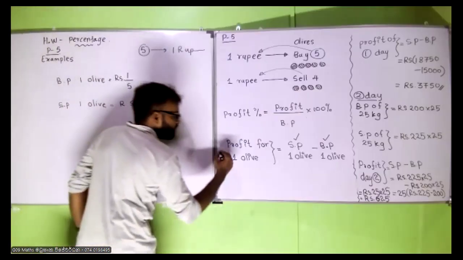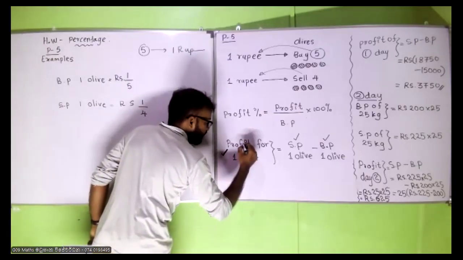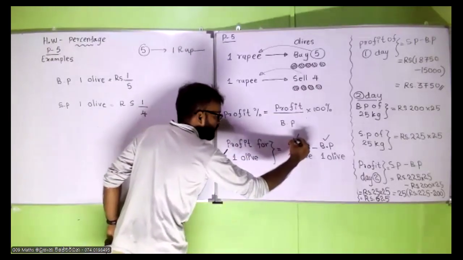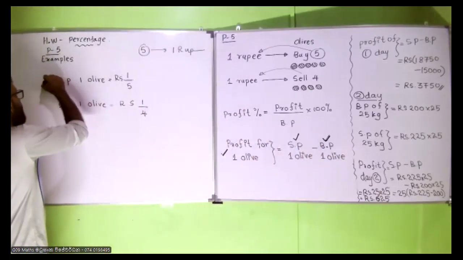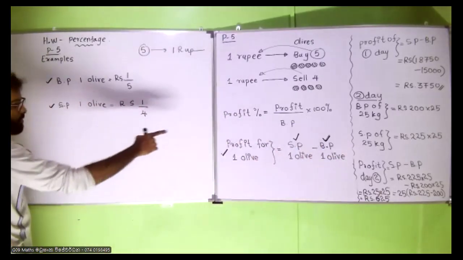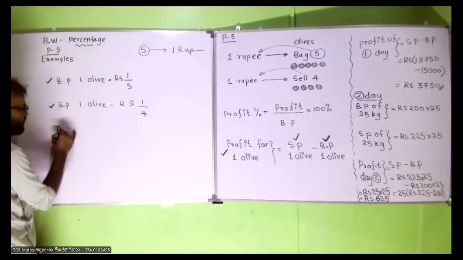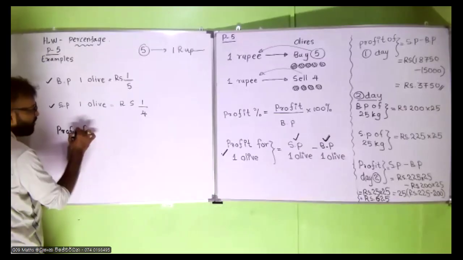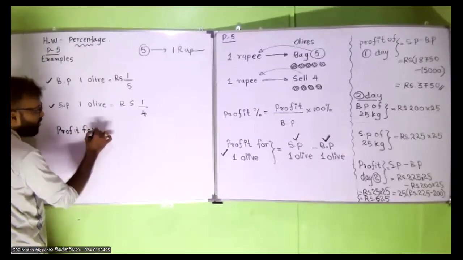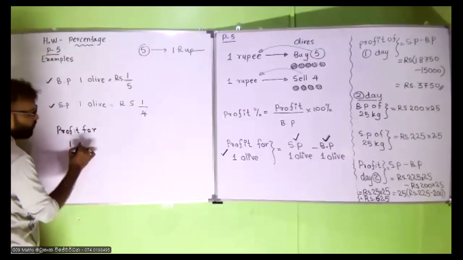Now you can find the profit for 1 olive, because you know the selling price and the buying price. So I am going to find the profit for 1 olive.